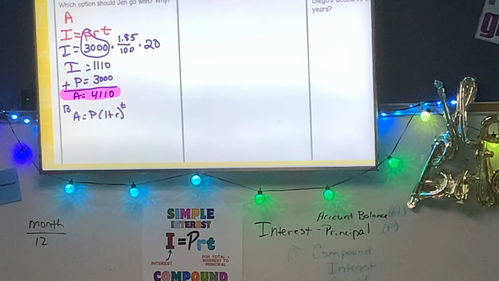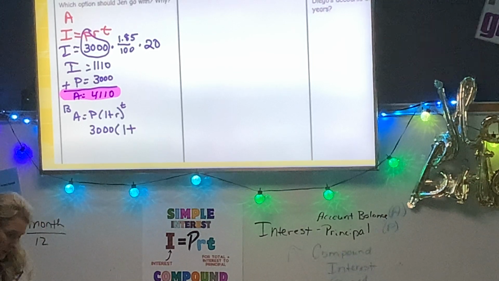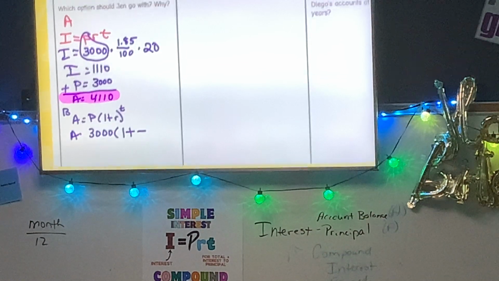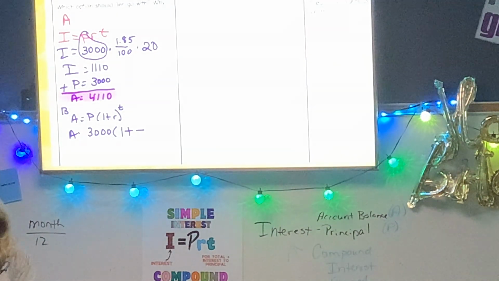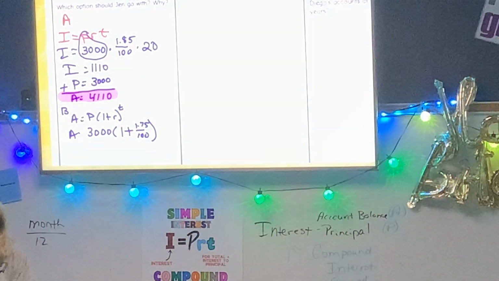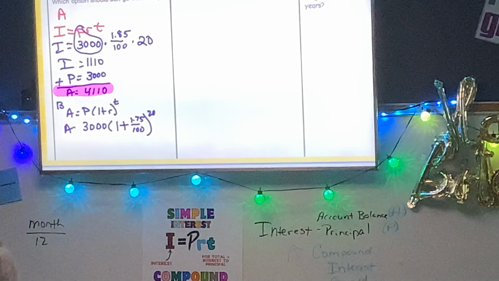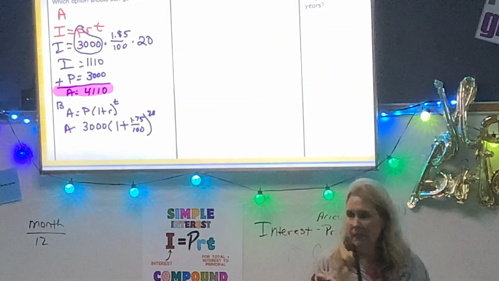Okay. So my P is my money I start with. My rate is my percent, and that one says 1.75%. And my time is 20. Remember, that's an exponent. Don't put times 20.